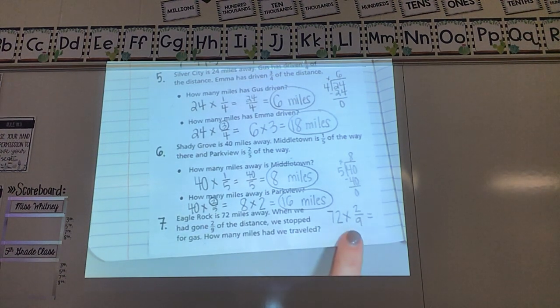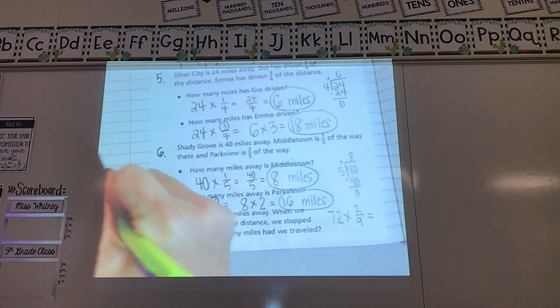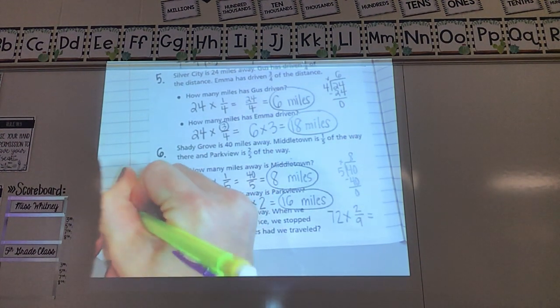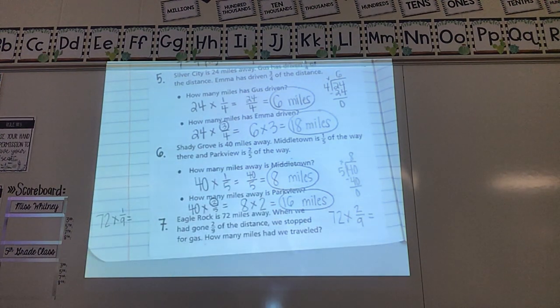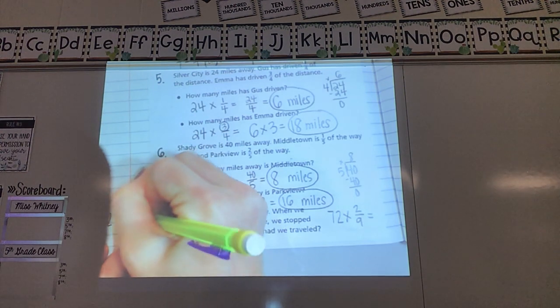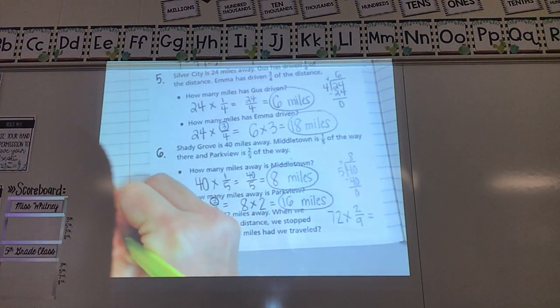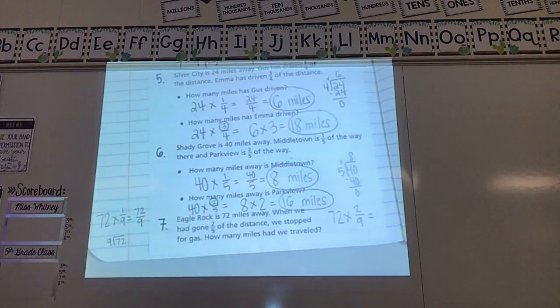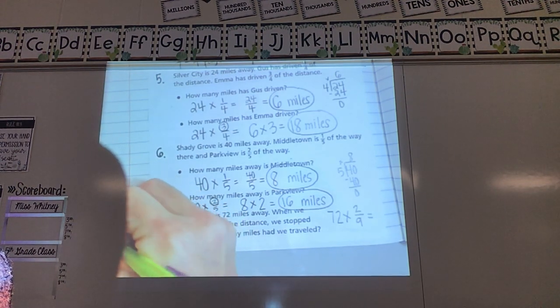Instead, let's make our life a little easier. Let's do 72 times 1/9 first. What would 72 times 1/9 be? 72 ninths. We can't leave it like that, so divide. 72 divided by 9. How many 9s will go into 72? 8. That is 72, so no remainder.